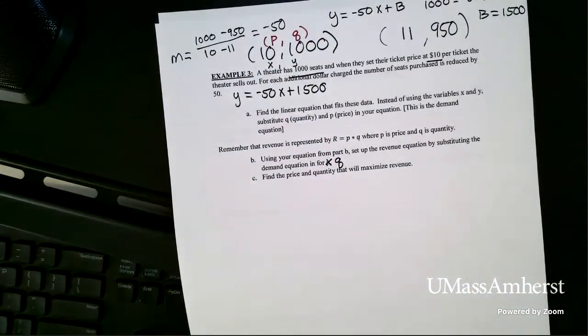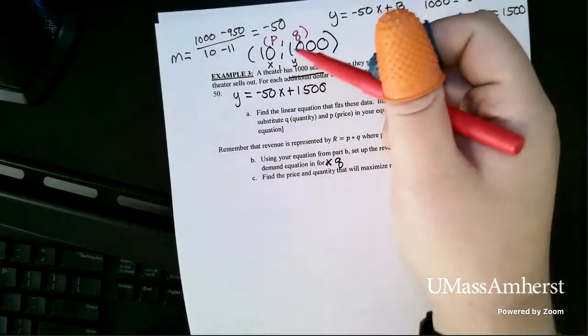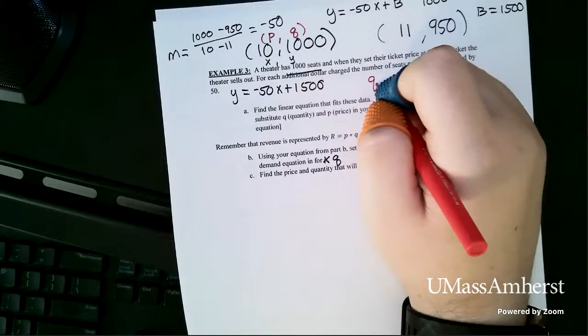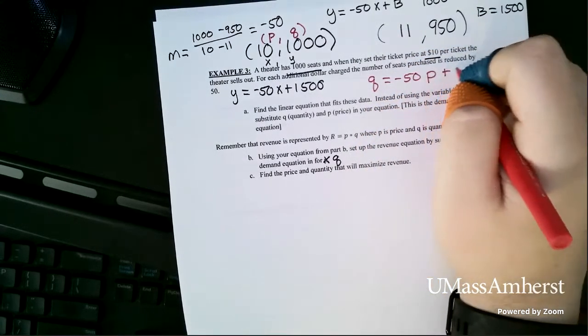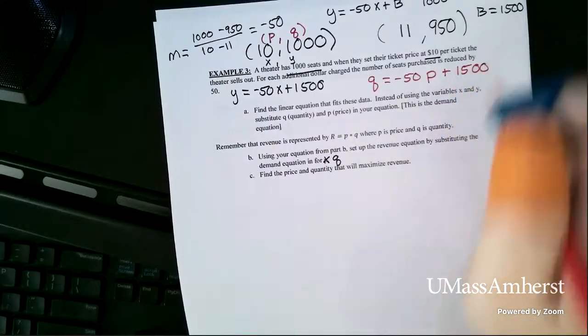So the way we set this up, our P is going to substitute in for x, and our Q is going to substitute in for y. So we have Q equals negative 50P plus 1,500.